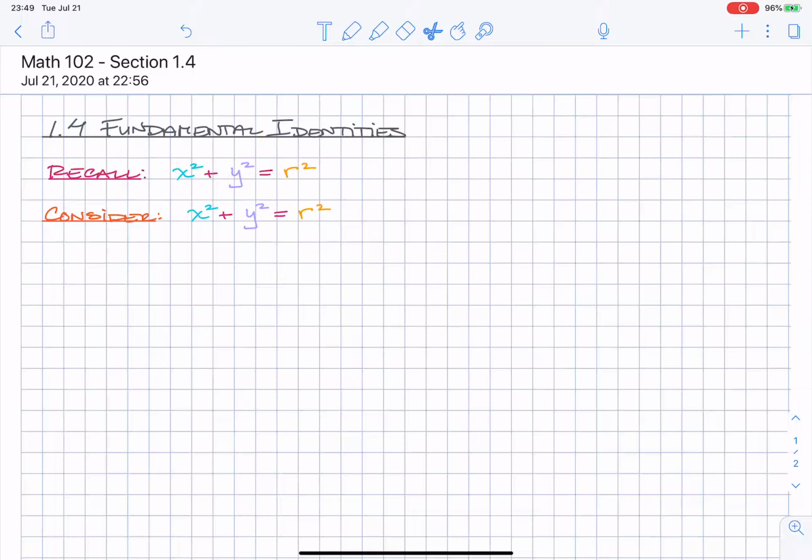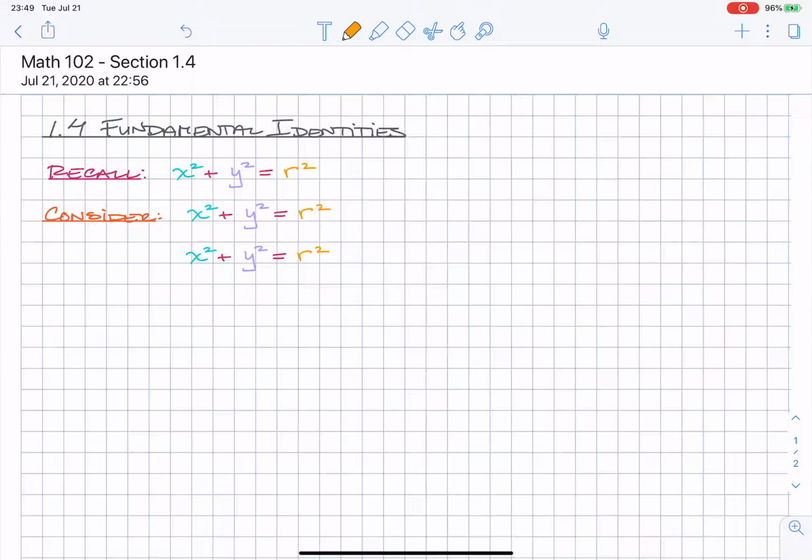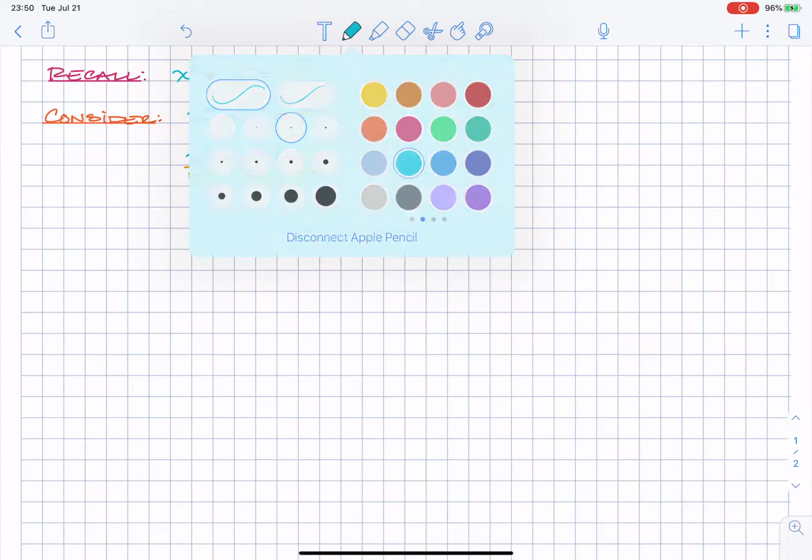What I'd like to do now with this equation is take each of the terms and divide them through by r squared. So I'm going to take each term and divide it by r squared. So whatever I do to one side of an equation, I do to the other. But notice, what do I get when I do that?